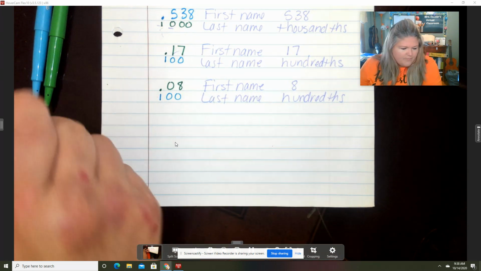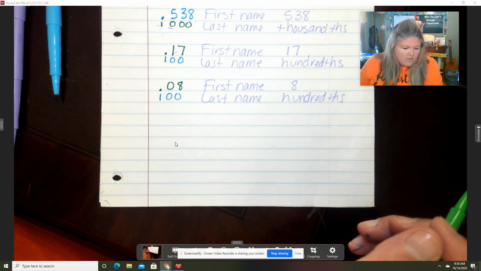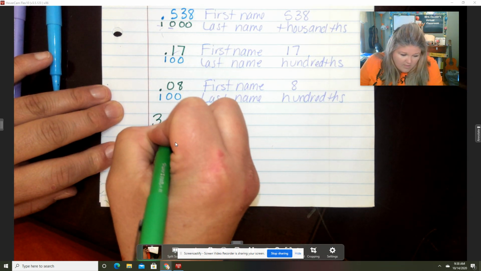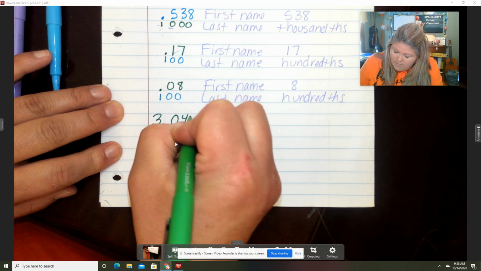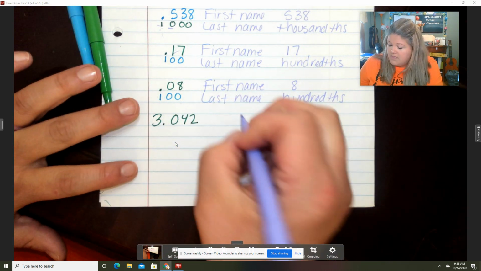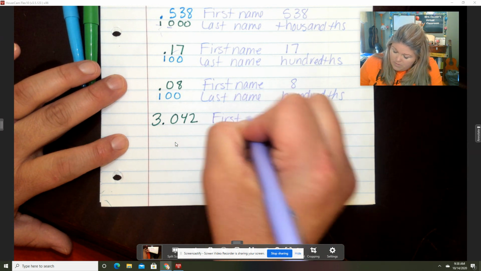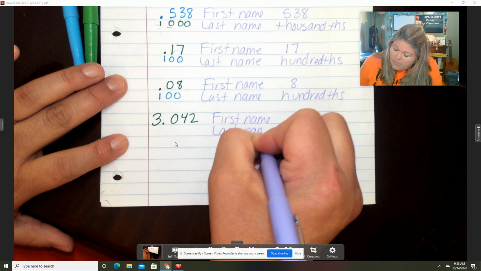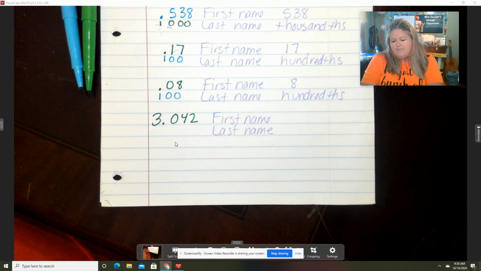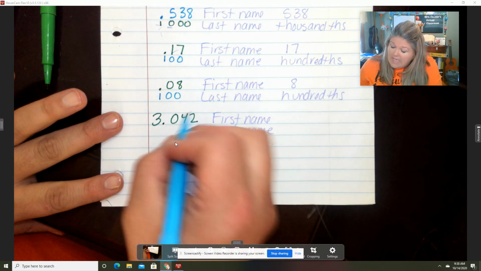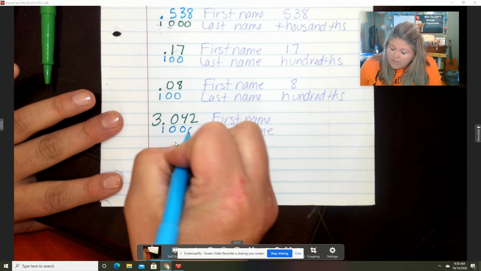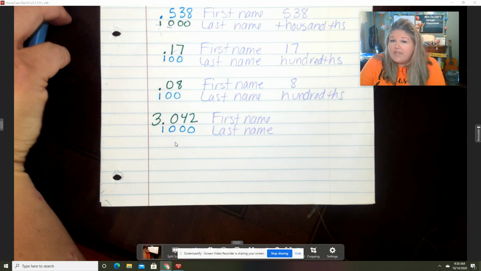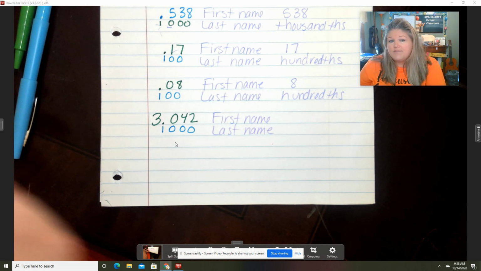Let's look at this. What if we had a whole number attached to that? Well, I'm still going to put my trick in there, fill in my zeros, but I don't have to put anything under my 3 because it's whole. But that 3 is still going to be a part of my first name.